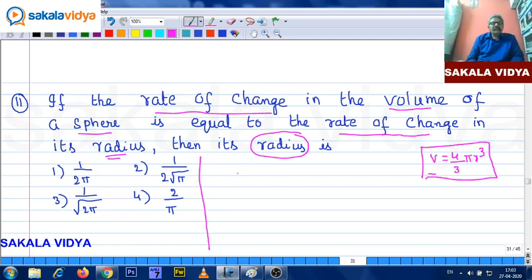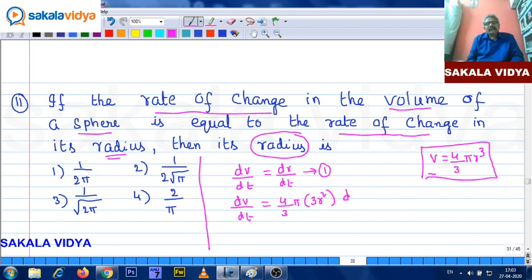So, what is given actually here? dV by dt equal to dr by dt is given. Now, differentiate this one with respect to t. dV by dt equals 4 by 3 pi into r cube, differentiation is 3r square, but with respect to t, dr by dt.